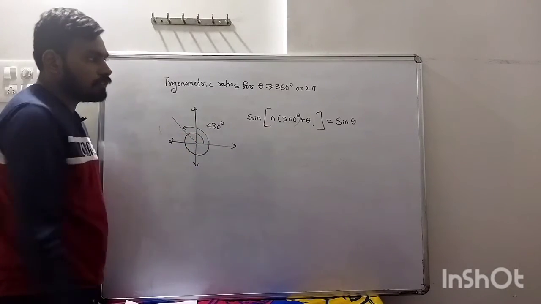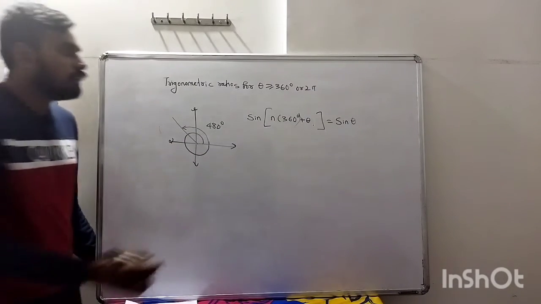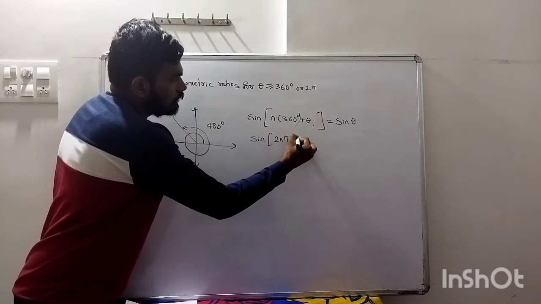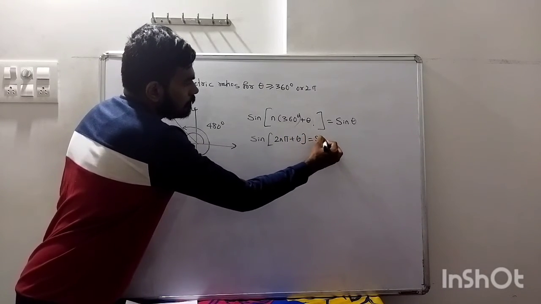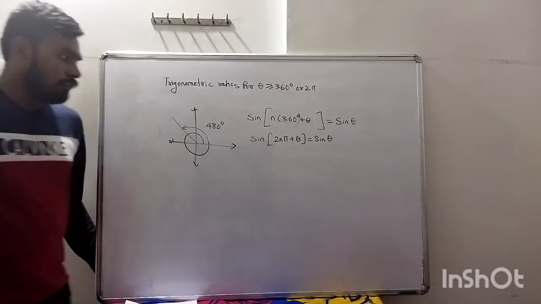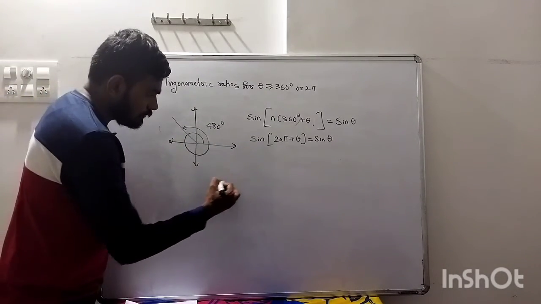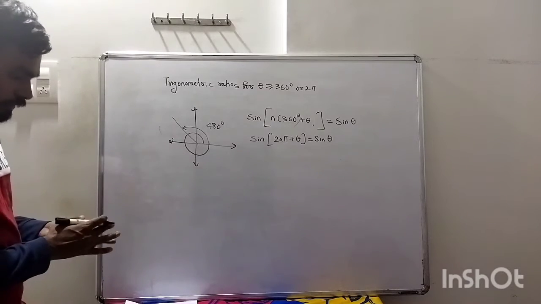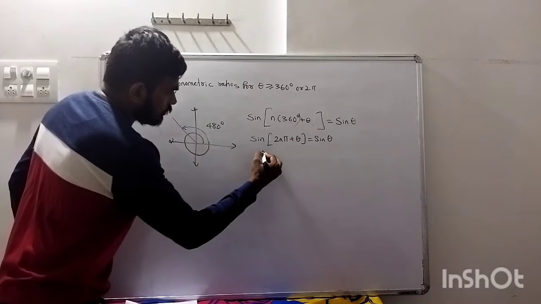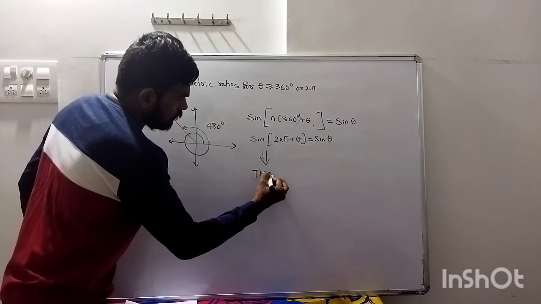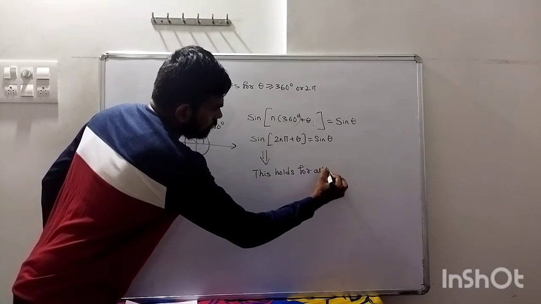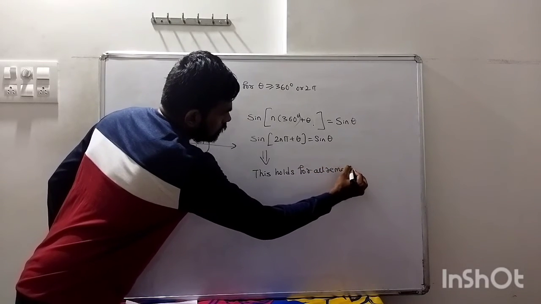So that's why this formula, okay, sine of n into 360 degrees plus theta, or in radians sine of 2n pi plus theta, same as sine theta, okay? And don't worry if a negative sign and all comes, you can look at that also. We will do problems on this, and this holds for all remaining trigonometric ratios, okay?